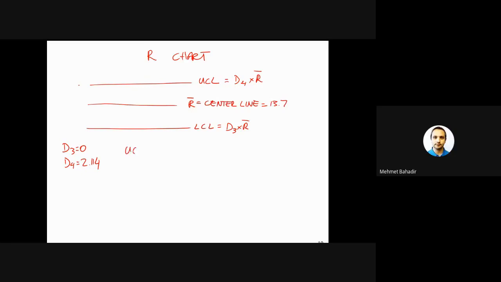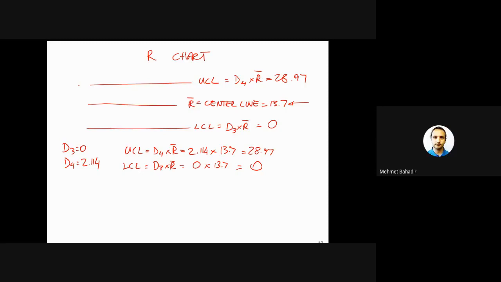Upper control limit, D4 times R bar. 2.114 times R bar. What is R bar? 13.7. Lower control limit, D3 times R bar. 0 times 13.7. And those values are 28.97. And this is, of course, 0.